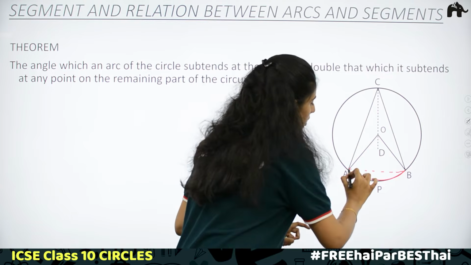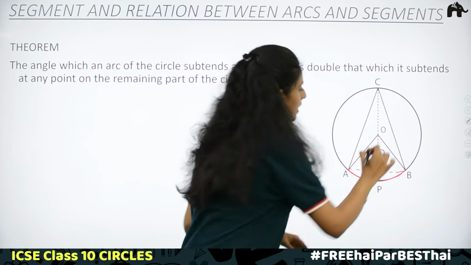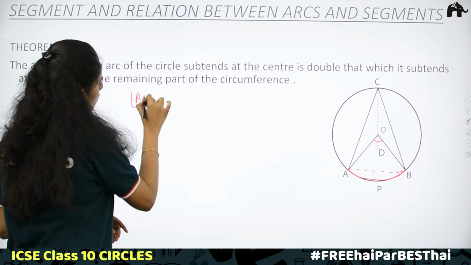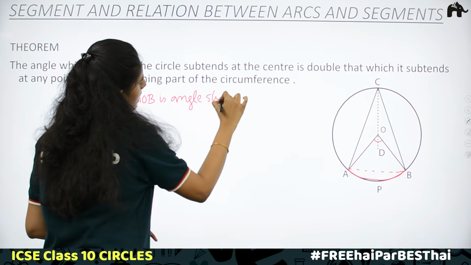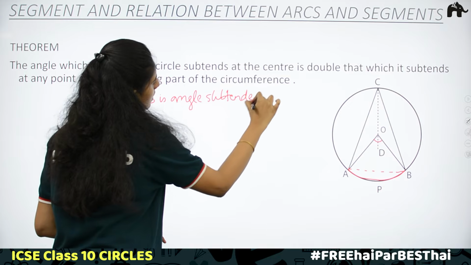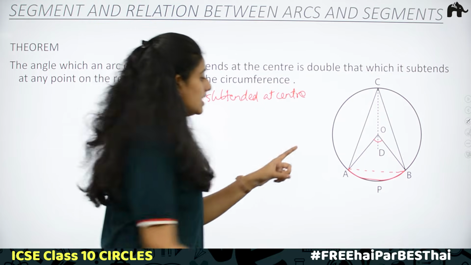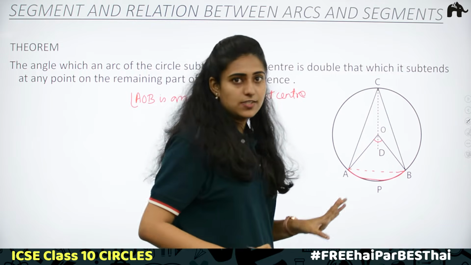When you take this arc AB, APB subtends an angle at the center, AOB. AOB is the angle subtended at the center. The same arc AB subtends another angle on the circumference of the circle.